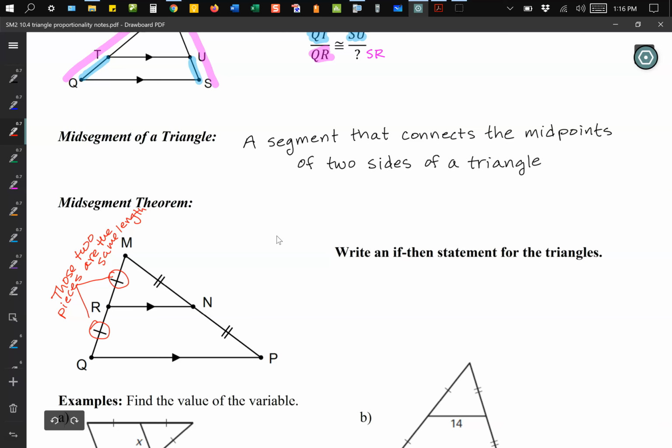So R is the midpoint. And these two marks over here means that those pieces are the same length. So N is the midpoint of that side. So the two sides have been cut in half by segment RN. So segment RN is called your midsegment.